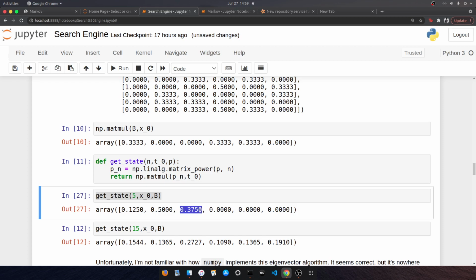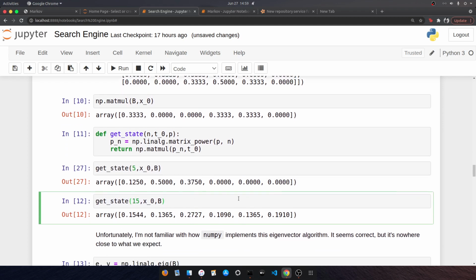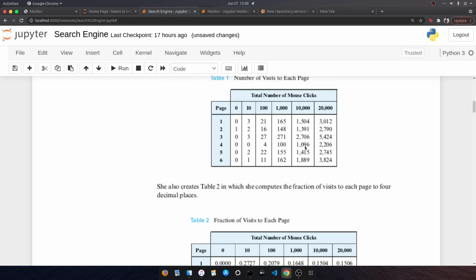Again, indexes start at 0, so I hope you're not getting confused by that. And finally, if we look at the state after 15 random clicks, this is now our probability. So as you can see, page 0, 1, 2, so around 27%. Meaning most of the time, after 15 random clicks, the fraction of times that we have visited page 2 is 27%, and it's similar to what the manual algorithm Alice has implemented.